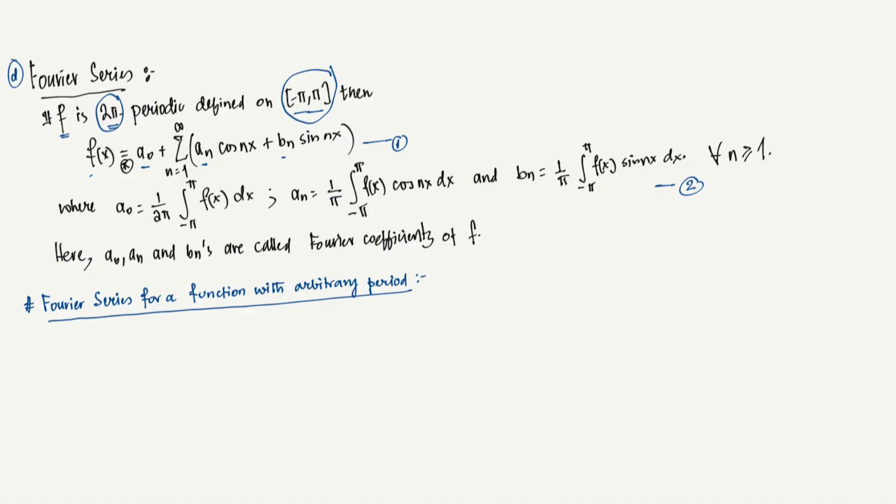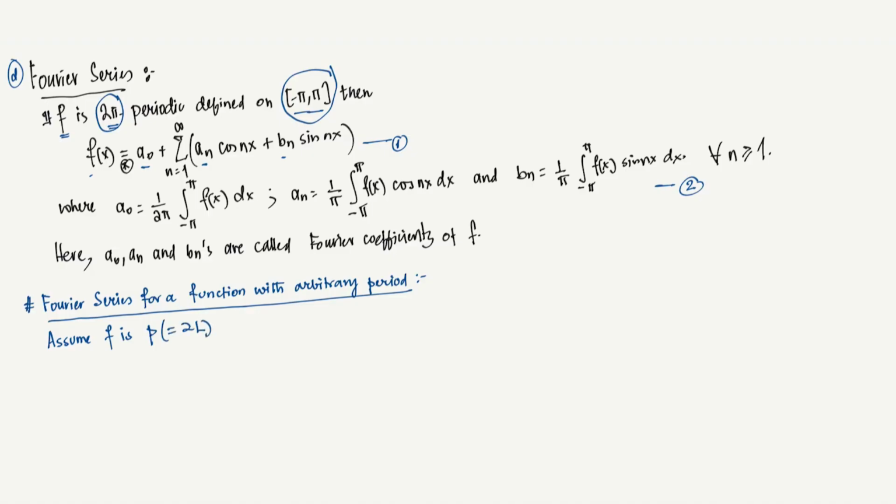Now, the point is this: not always can we get a function which will be 2 pi periodic. So, what do you do in such cases? First of all, let's start with this. Assume f is p periodic, and p we are going to assume to be equal to 2L.